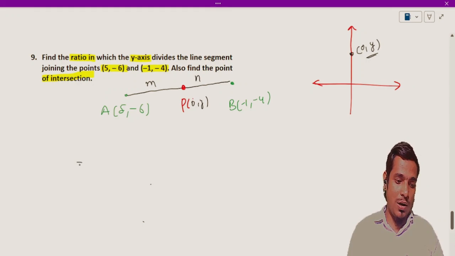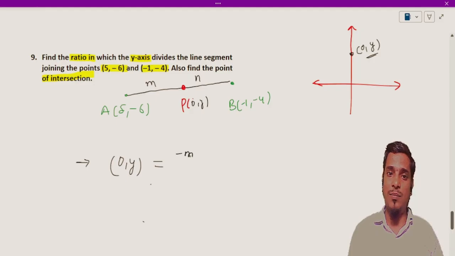With the help of the section formula, we can write the coordinate of P as (0, y) equal to: m times of minus 1, that gives us minus m, plus n times of 5, that gives us 5n.